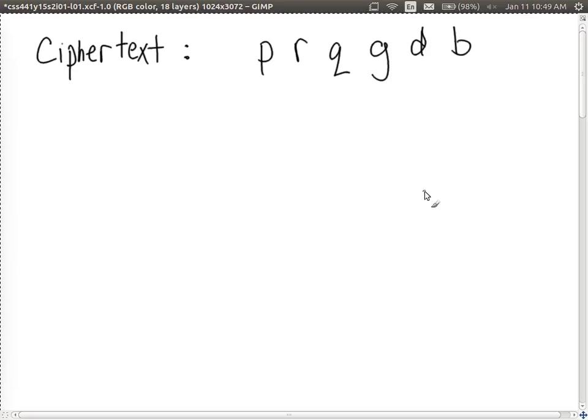And so you're the attacker in this case. You've intercepted a message sent from A to B, and this is what you've intercepted. PRQGDB. And we assume the attacker knows the algorithm that the 2 users are using. Some other way that they've realised, they're using the cipher, Caesar cipher, as the algorithm. So in all our analysis and attacks, we'll assume that the attacker does know the algorithm.